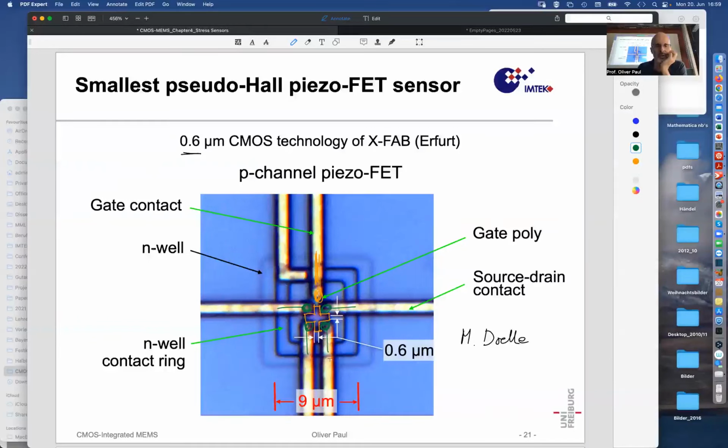And then there is also another contact, this ring contact, which contacts the well in which this transistor is built. So what is that? That's a P-channel piezo FET, so there must be an N-well underneath, and that N-well has a highly doped N-well diffusion, and that N-well diffusion is contacted by this line here.